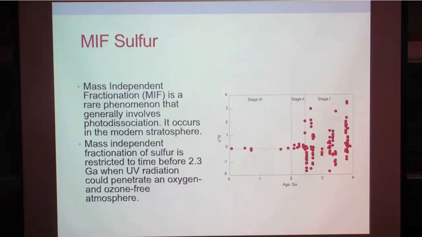In the case of sulfur, normally we'd expect to see about twice the fractionation between sulfur-34 and sulfur-32. But what we see in, say, photodissociation is that the fractionation in the sulfur 33-32 ratio is just as great as in 34-32.